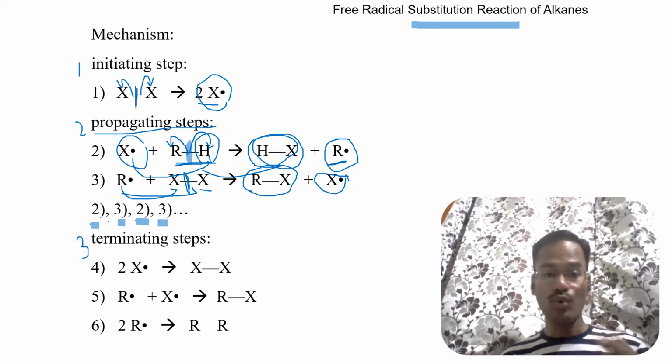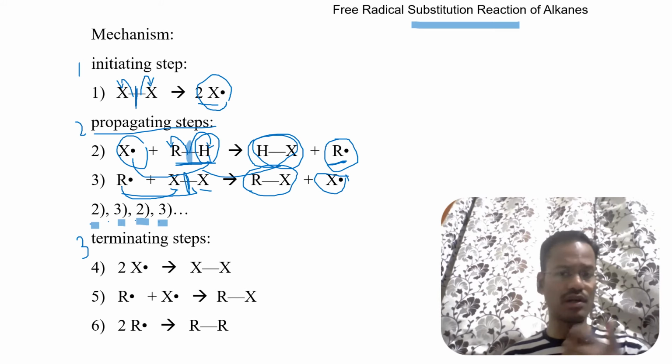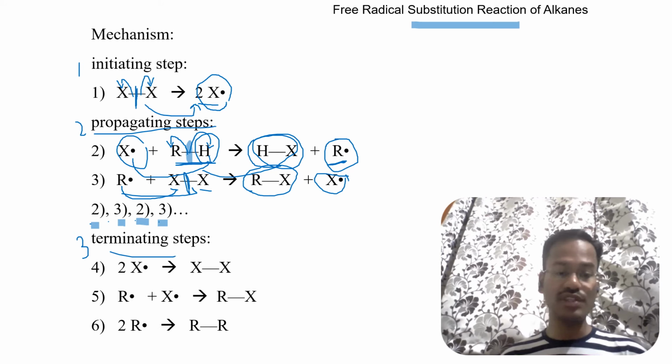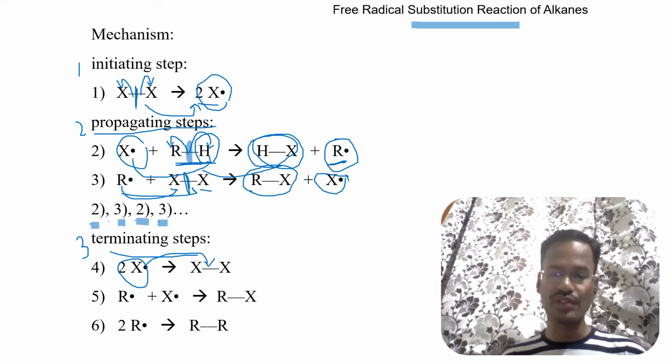And now let us come to the third step of this particular free radical substitution reaction. You can see in the initiation step, molecules have been converted to free radicals, whereas in the termination step, free radicals will be converted into molecules.